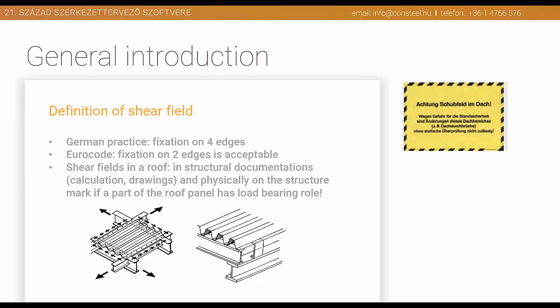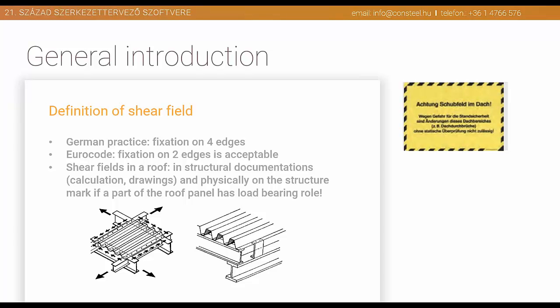Also such a rule is, for example, that it's not allowed to make openings in the roof, or at least a very limited amount of openings, in order to ensure the flexible diaphragm behavior to be a realistic assumption. So as a consequence of two sides, pro and contra, very often not the whole roof of a building is formed as a shear field, but only parts of it.